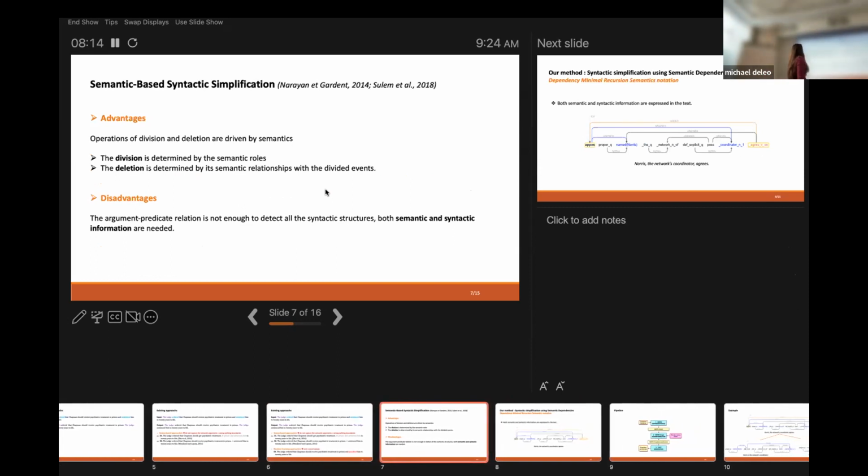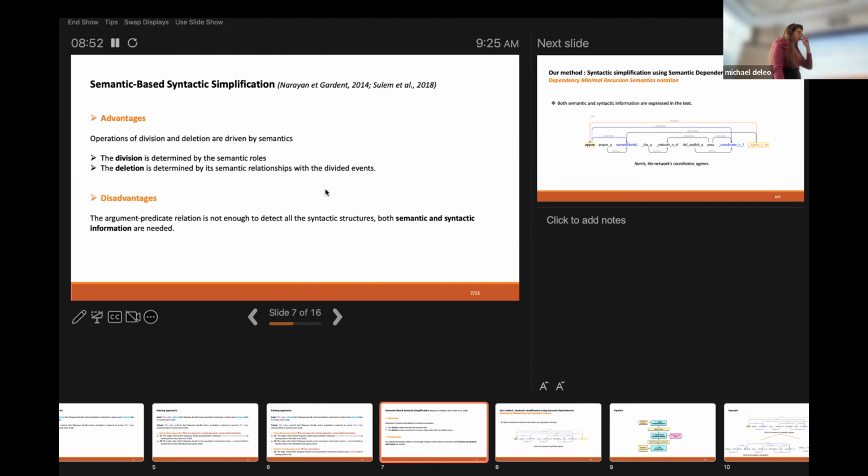They said that these operations of division and deletion of unimportant information can be driven by semantics. For division, when we have the predicate-argument relation, we can know where the splitting boundary is and where the shared element to rewrite is. And semantic information could tell us where the supplementary information is, so that we can delete it.